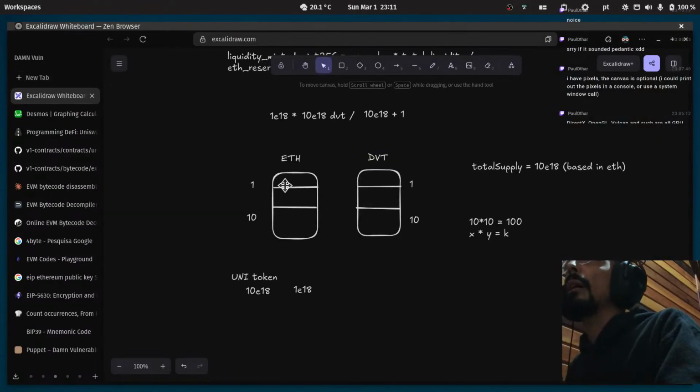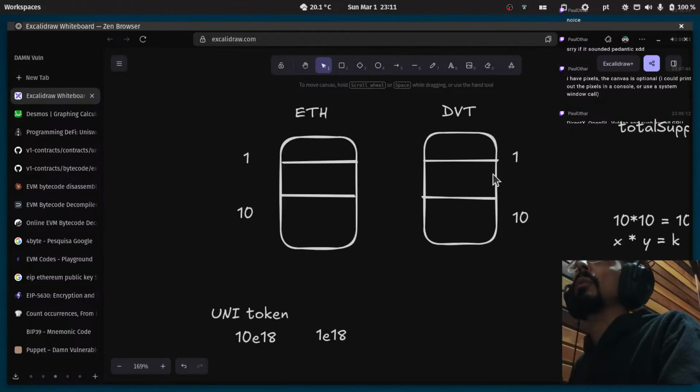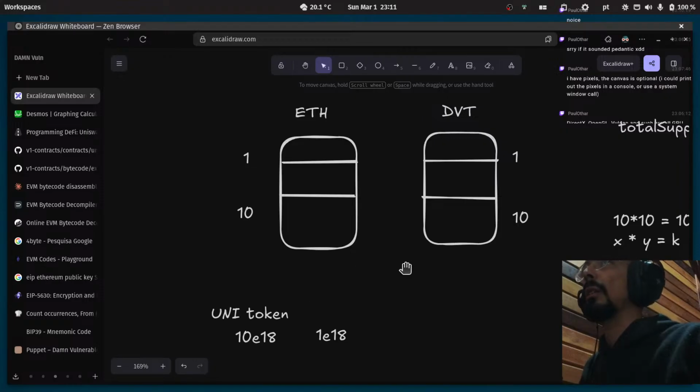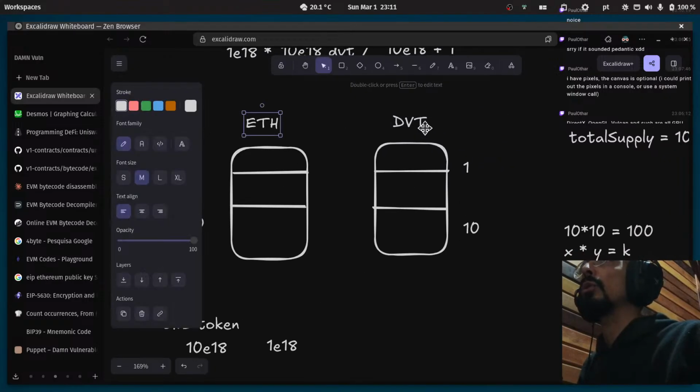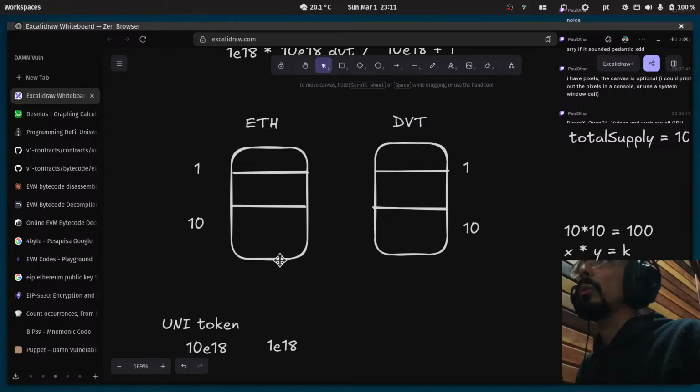So I don't know if you know the concept of DeFi and Web3 and tokens, blockchain, but here we have a pool. It's a contract that has two tokens. Ethereum is not a token, but yeah, we can call that a token too. And we create a pool.